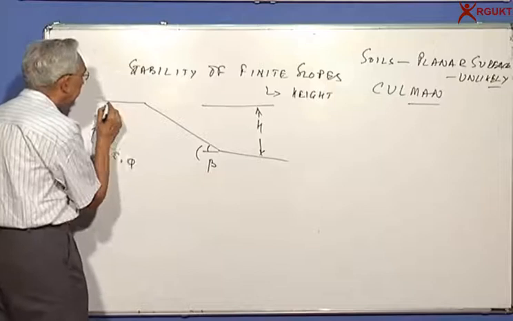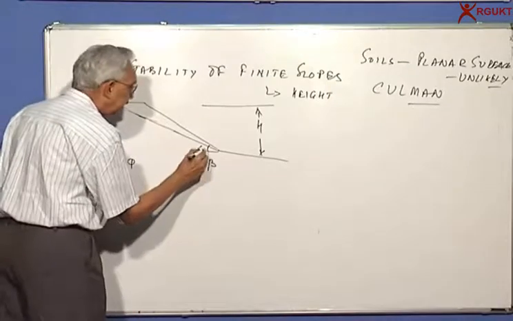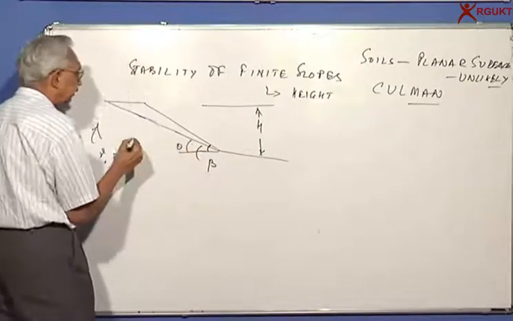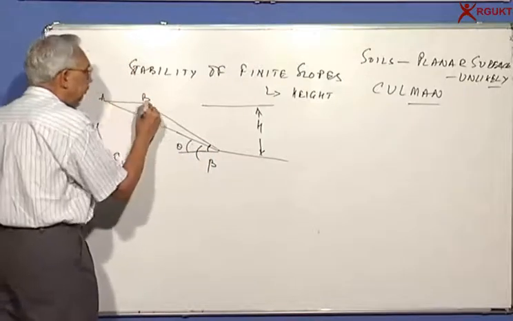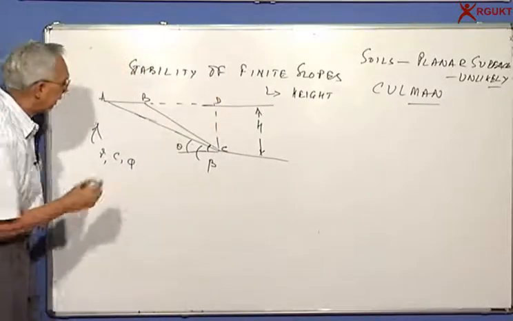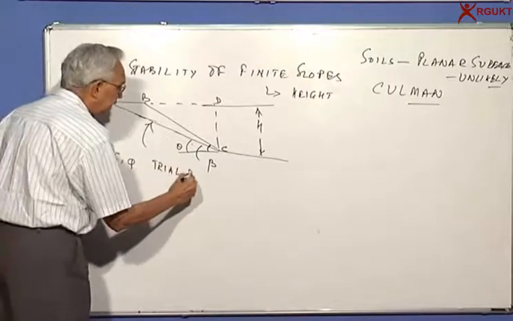So what I would like to take is a surface passing through the toe at an angle. This angle is beta, this angle is theta. So if I say A, B, C, say this is D, let us say this will be a trial failure surface.